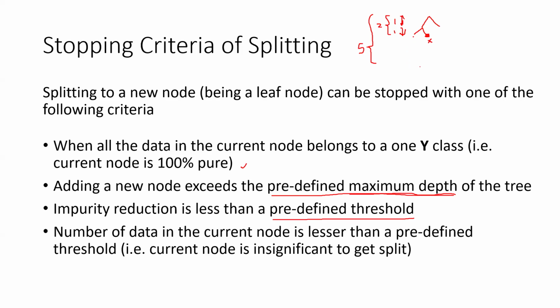If the impurity reduction is lesser than this predefined variable, that means adding this particular node is not worth it, right? When you're adding a new node, it would increase the computational burden and the memory requirement for the machine. So it's not worth adding these new nodes when the impurity reduction is lower than the minimum predefined threshold, right?